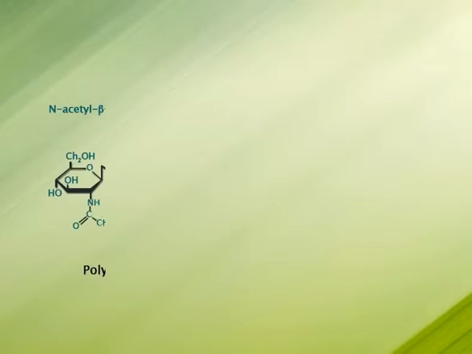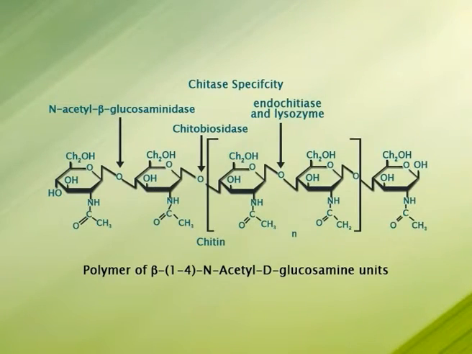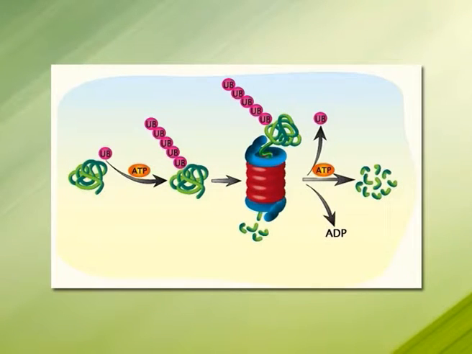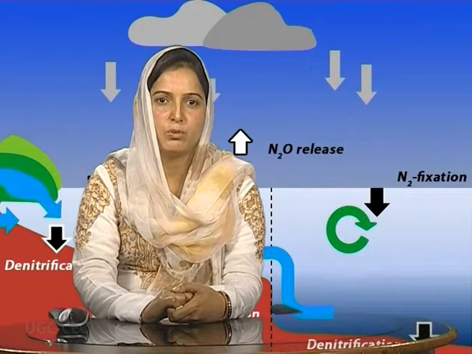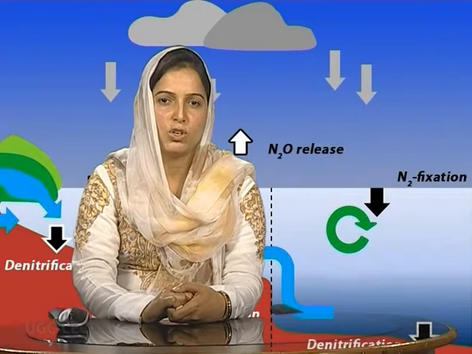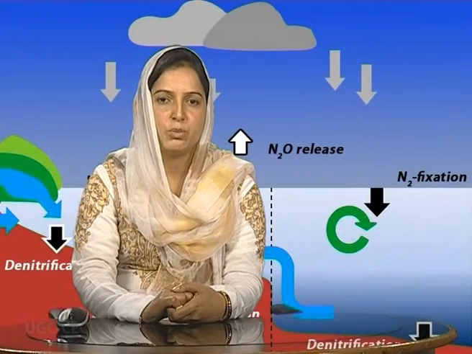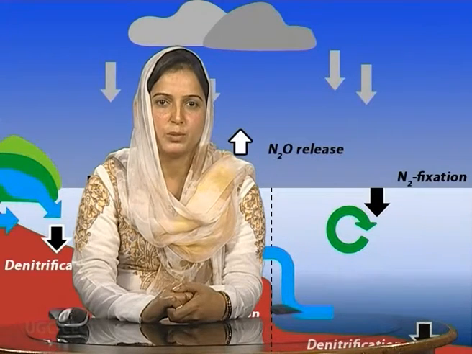For example, chitin is broken down into its constituent N-acetyl glucosamine units, which are further decomposed. Similarly, proteins are broken down into peptide chains, which are decomposed into individual amino acid units.